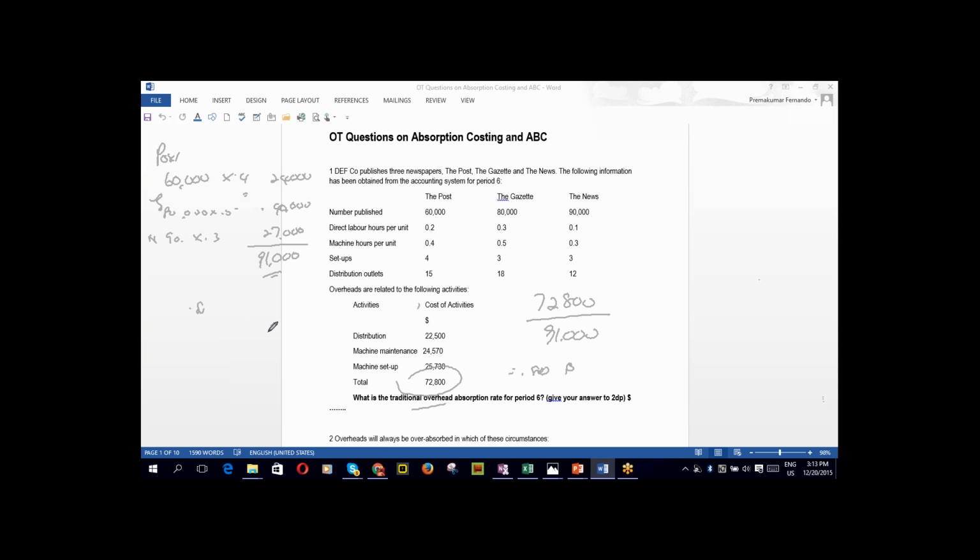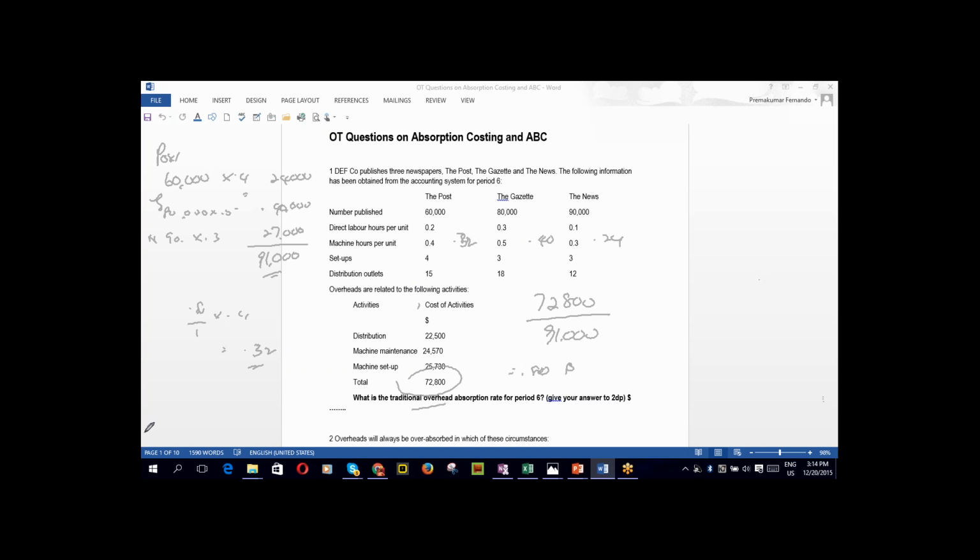So 0.80 is for 1 hour, and we multiply 0.80 by 0.4, which gives the cost per post: 0.32. For the gazette it will be 0.40, and for the news it will be 0.24. Correct?